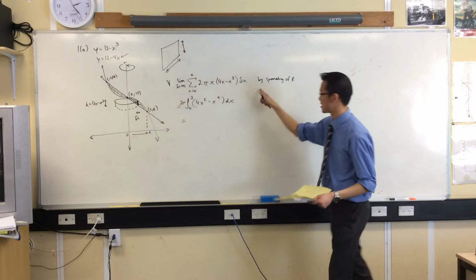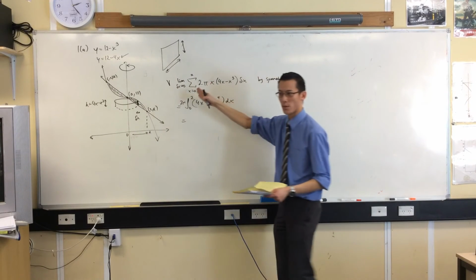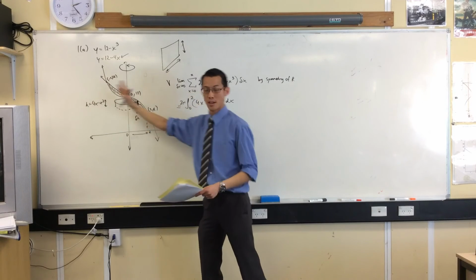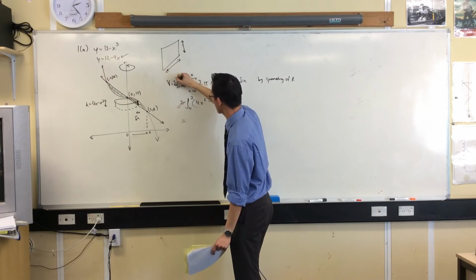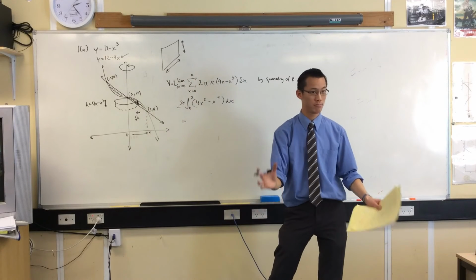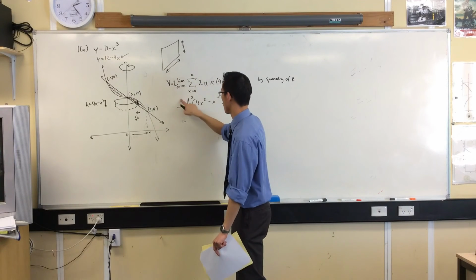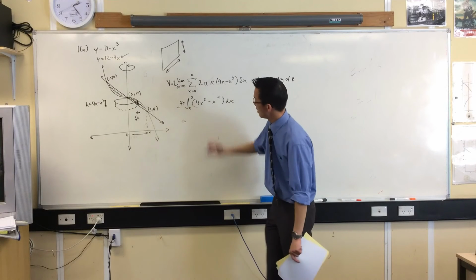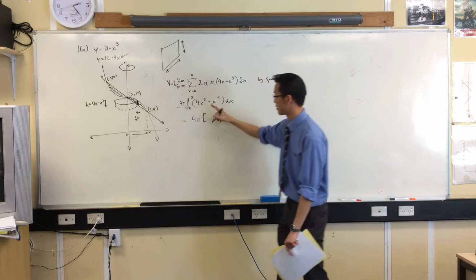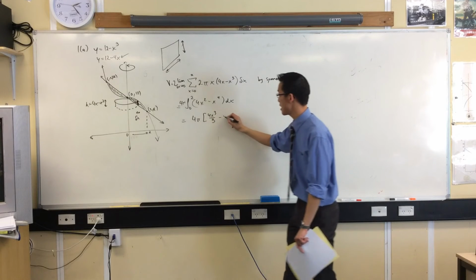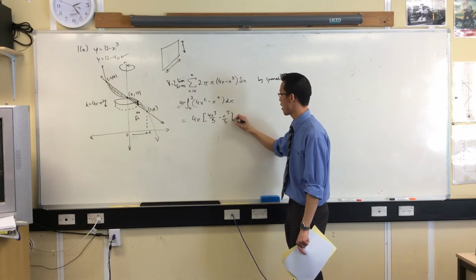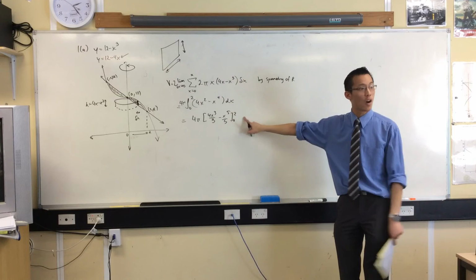Because of the symmetry of R, you've got to double this volume, and that'll give you the whole thing. This is just 0 to 2, 1/2. So if I slap a 2 out the front, that'll give me the whole volume. So this actually should be a 4. So I get 4 pi, integral, let's see, 4x cubed on 3, x to the 5 on 5. There was your second mark on actually integrating.